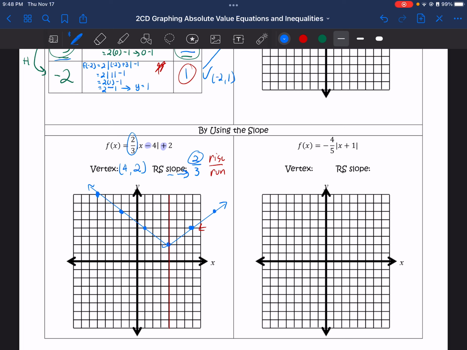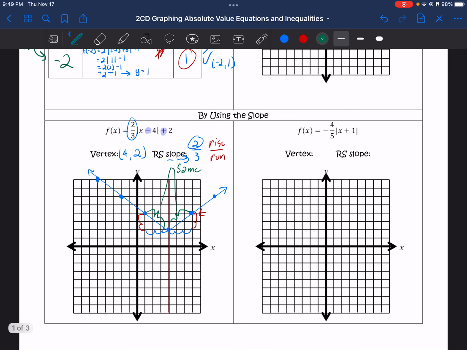We went left 3, and we went right 3, and we went up 2, giving us the same exact distance between our vertex and these 2 points. So to recap, we are going to first graph the right side using our slope, using our A, and then we are going to flip it over to the left side using our knowledge that our absolute value graph should be symmetrical. So let's do the next problem.